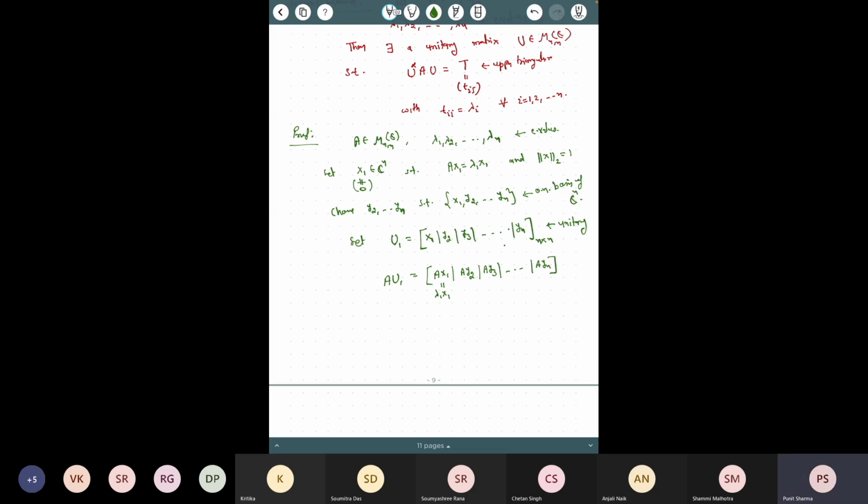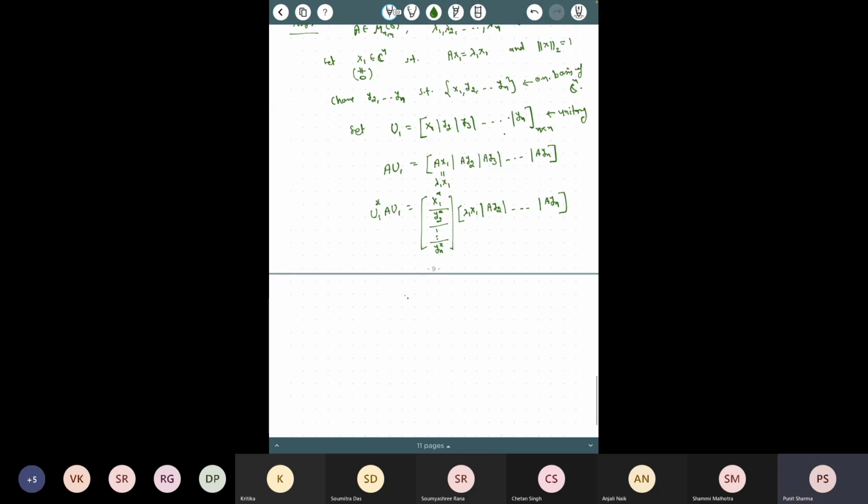Now if I apply U1 star from the left hand side, U1 star has x1 star as the first row, the second row is y2 star, and so on up to yn star. And then AU1 is lambda1 x1, A y2, and so on to A yn.